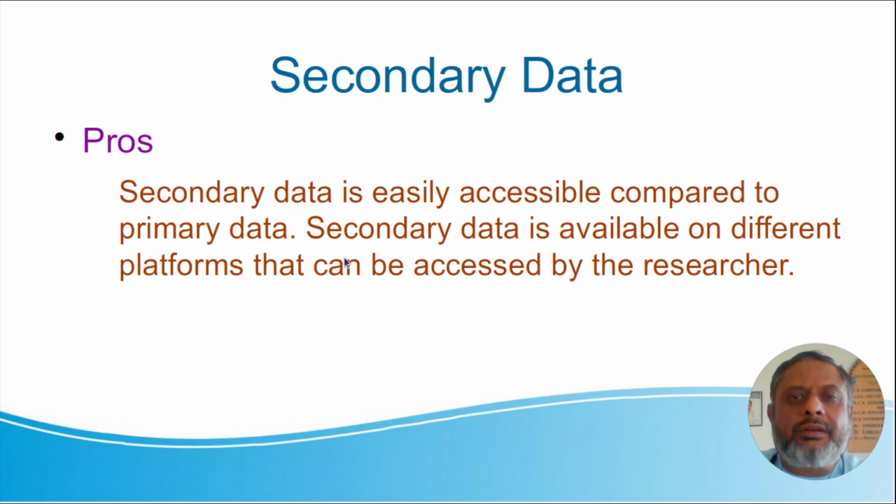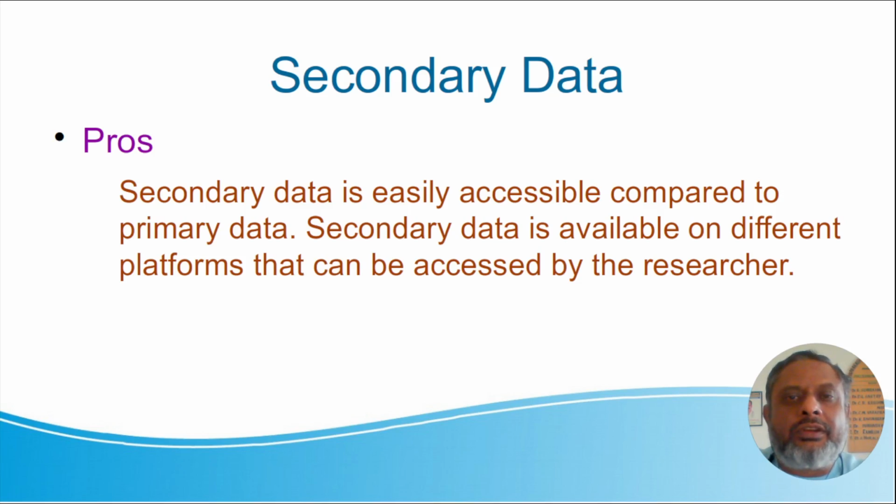The secondary data is easily accessible compared to the primary data because when it comes to primary data, we need to have our own team, we need to have our own methodology to collect the data. We need to reach various places at different times.